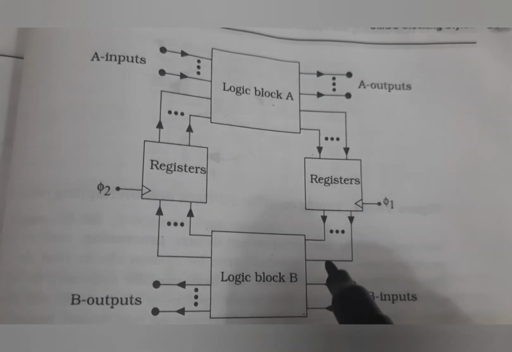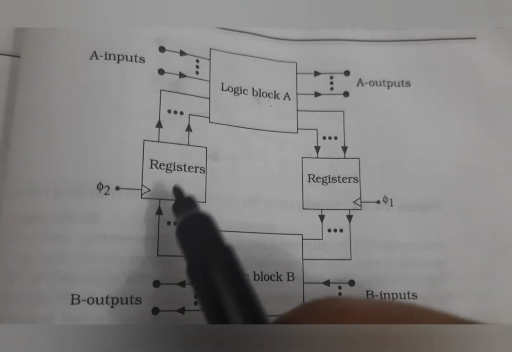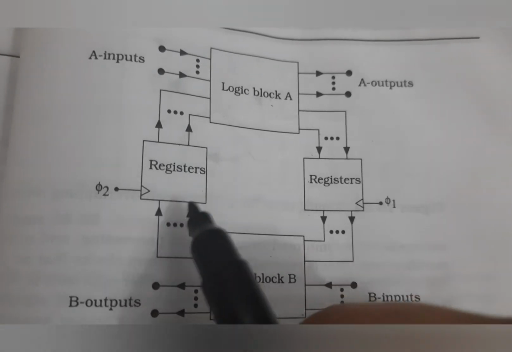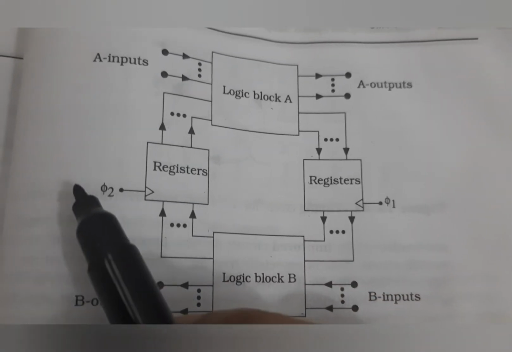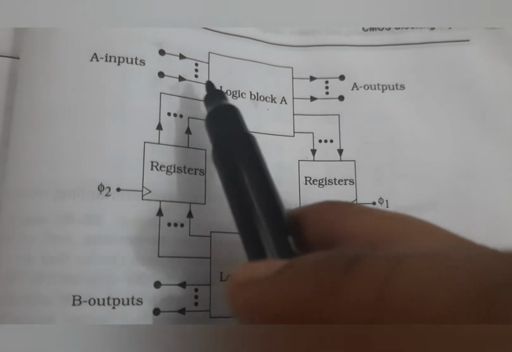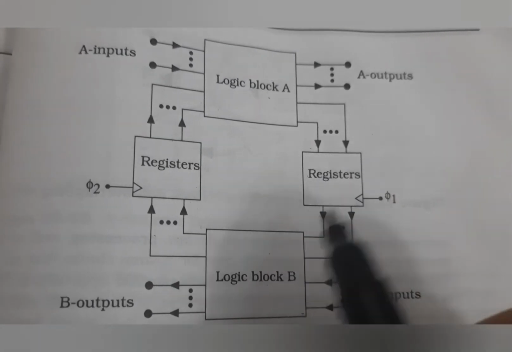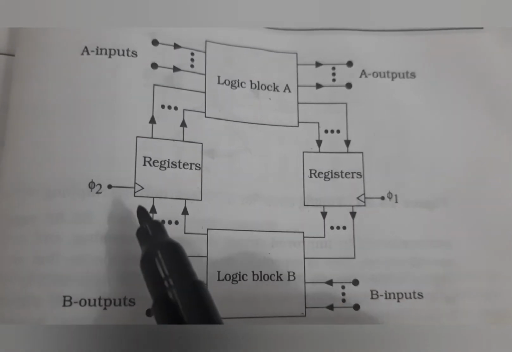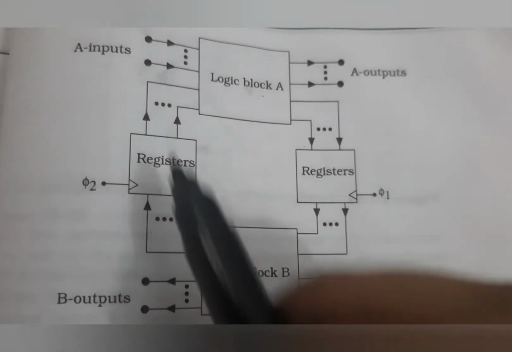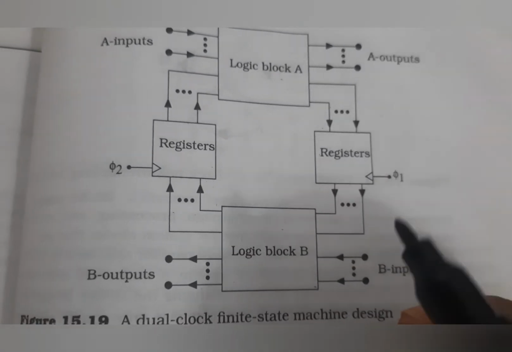It passes the value to logic B. Logic B gives the result to this register, and when phi 2 becomes 1, it again feeds the value to logic block A. So we can properly design phi 1 and phi 2, and perform this design without any overlapping or distortion.